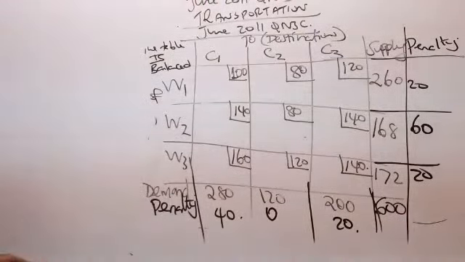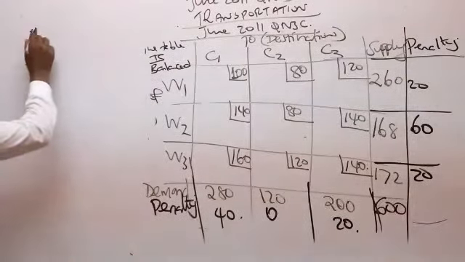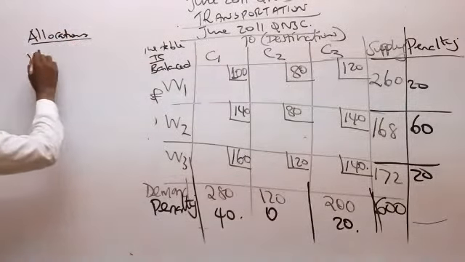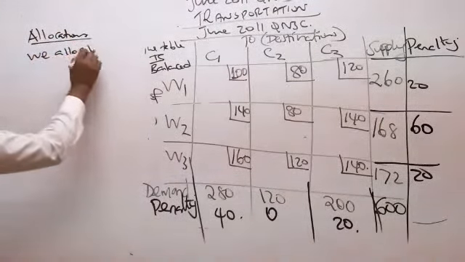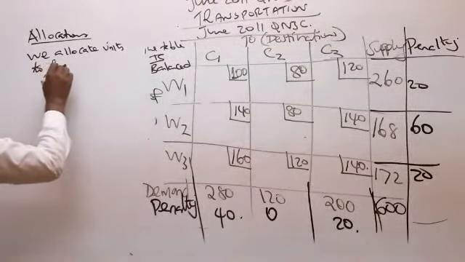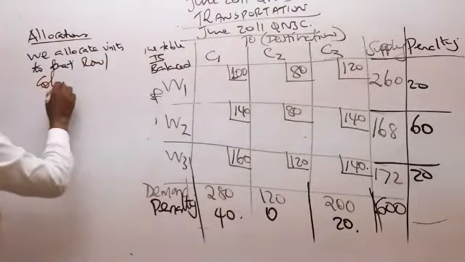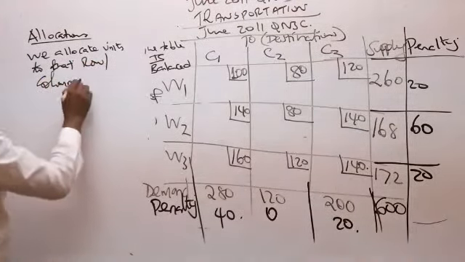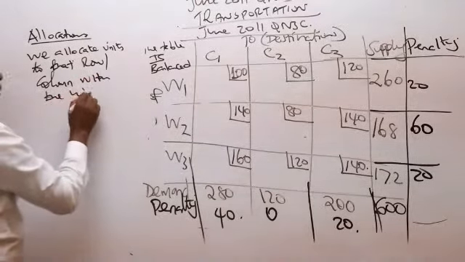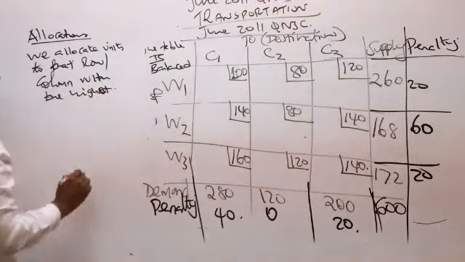Now, from there, ladies and gentlemen, now we go to allocations. Now, for allocations, we allocate units to that row or column with the highest penalty, with the highest what here?